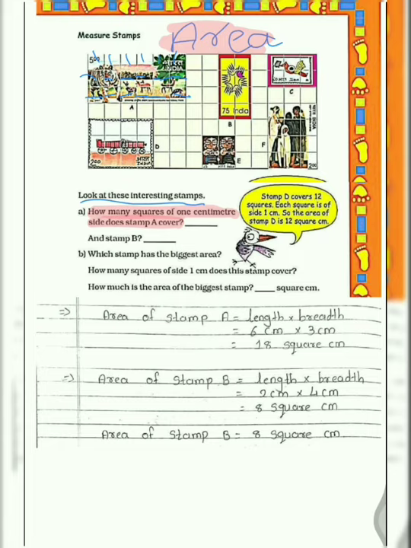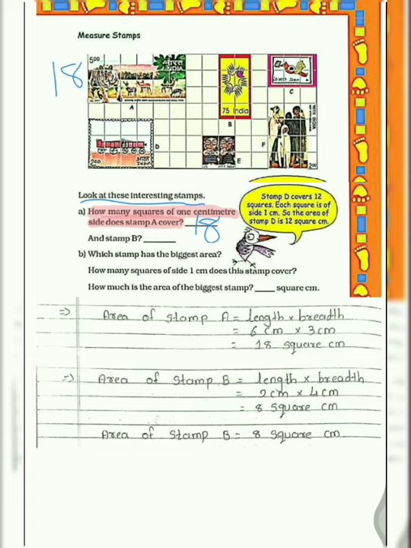How many boxes are there? 18 boxes are there. Just like this we will count boxes occupied by each stamp. First of all we will count it. For A1 there are 18 boxes.